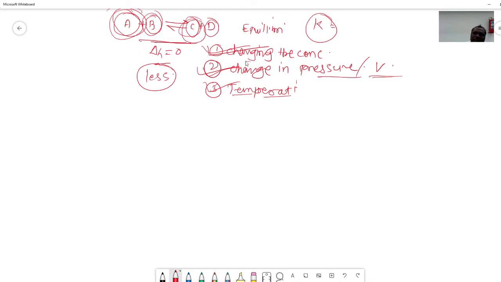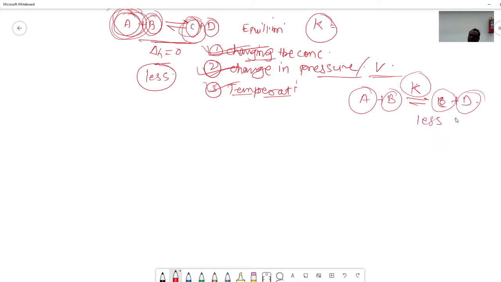If we change the concentration of the reactant or the product of a reaction already at equilibrium, then depending upon which side gives the overall reaction less stress, that side the reaction will be shifted.